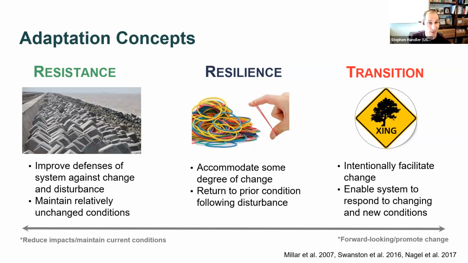But it's important to note that there are also gradations of transition. You can also be looking at softer forms of transition, like keeping the same species but using a new seed source, encouraging new genetic material in an area. That's an example of transition, even though at the species level it might remain constant. And transition doesn't just have to be tree choices, right?